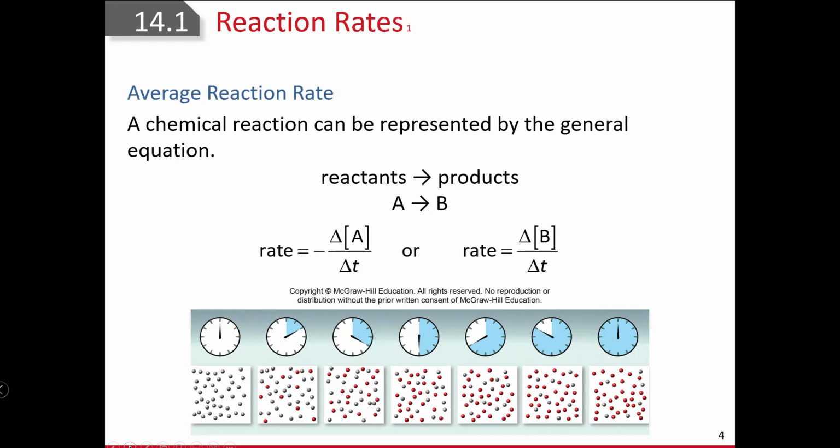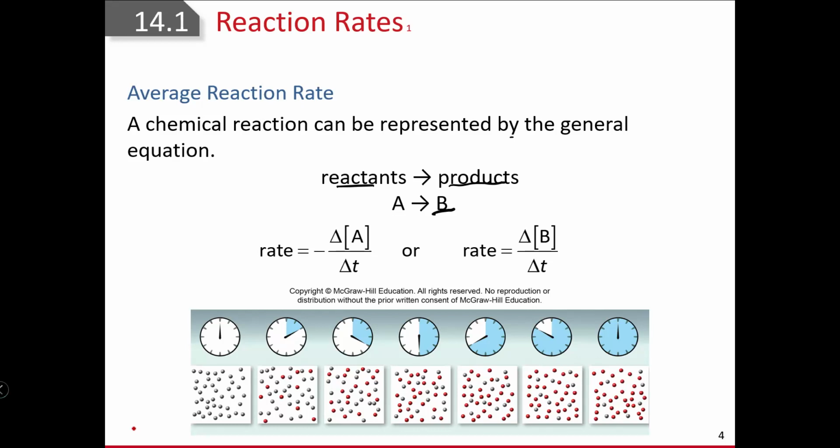So I like this slide. This is a nice visual of what a chemical reaction looks like. So first of all, we have reactants on the left-hand side of the chemical yield sign. And in this case, the reactant is reactant A. And then we have the product on the right-hand side, and that is product B. So reactants, this is what we learned in Chem 170.